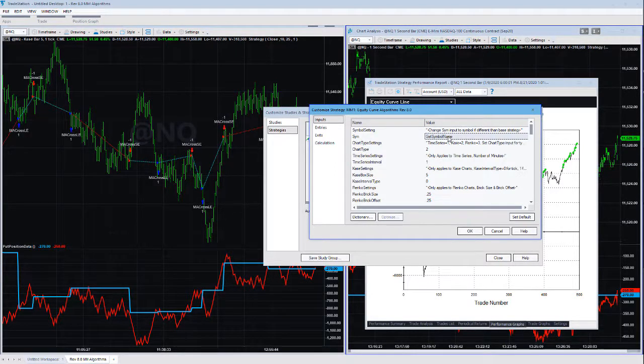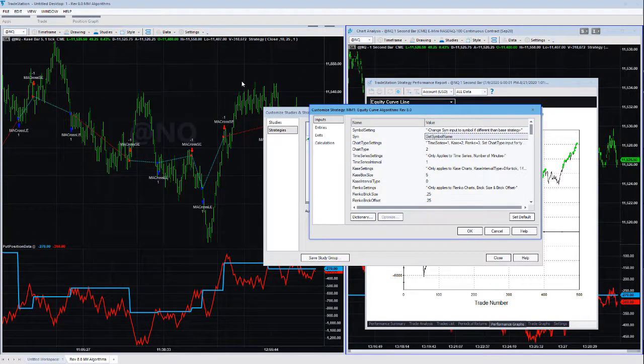If it does not match, for example, if you had a strategy that was created on $INDU, which is the Dow Jones Industrial Average Index, which is not a tradable symbol, and you traded it on the E-mini Dow, then you would change this to $INDU. Now the symbol is the symbol on the left chart. It's the base strategy that you are looking at, not the one you are trading.